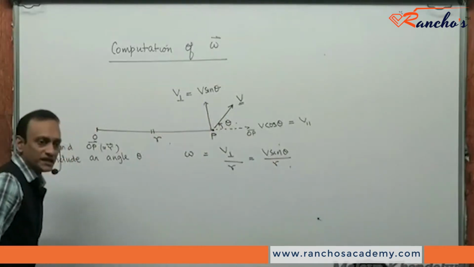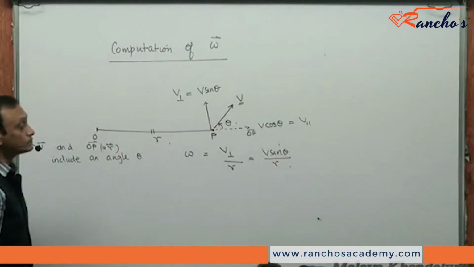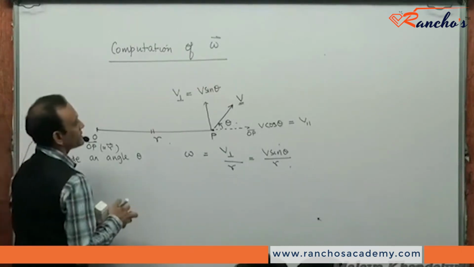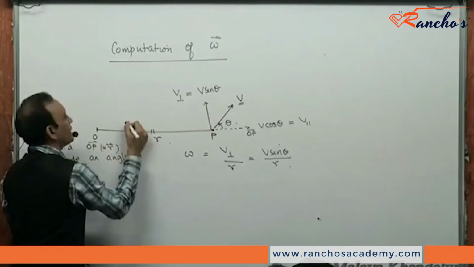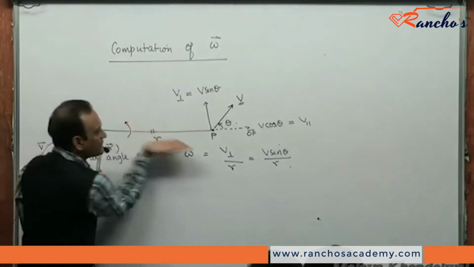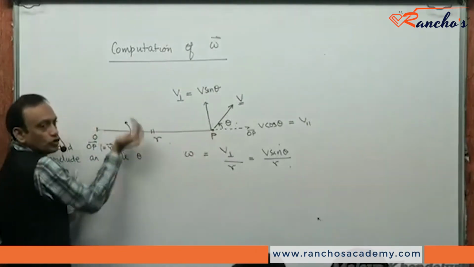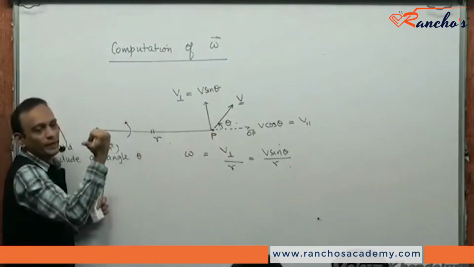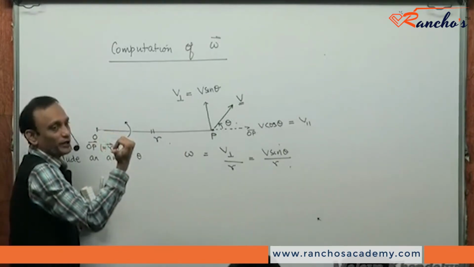Got me? V sin theta divided by R. And in this case, do you realize that V sin theta will cause OP to rotate this way? V sin theta would cause the line joining the particle and the observer to swivel this way. So omega would be out of the plane of the board. Yes or no?